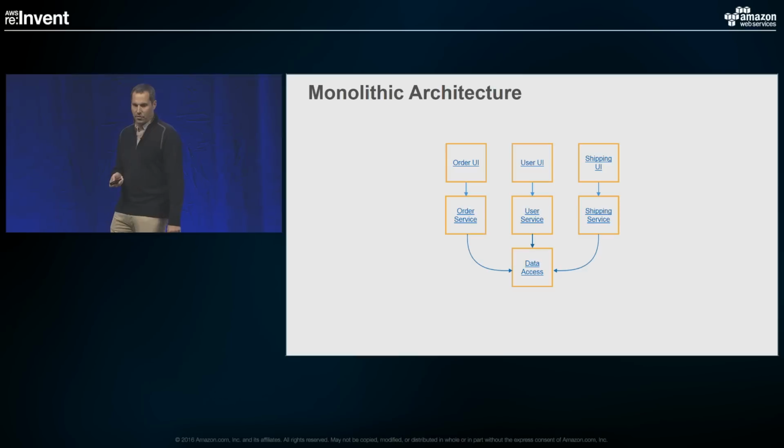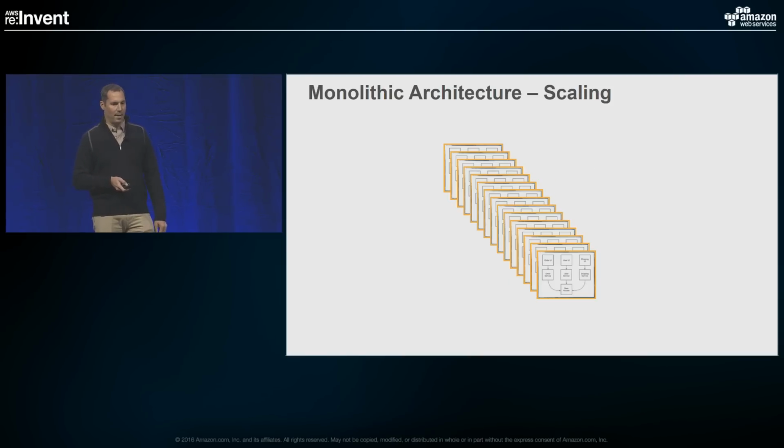So in a monolithic architecture, everything exists in a single unit, right? In this case, we're looking at probably some kind of CRM or ERP application where you have an order UI, a user UI, and shipping UI. Those UIs are backed by services, and those services talk to a data access component. And in this monolithic architecture, what happens is that if you need to scale this, you've got to scale the monolithic unit, right?